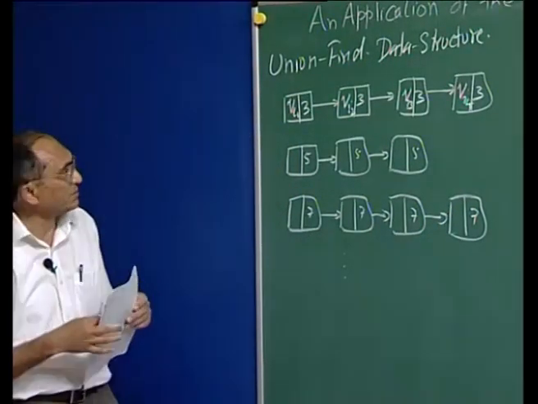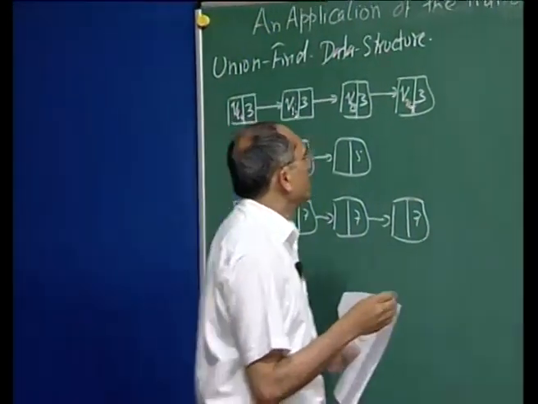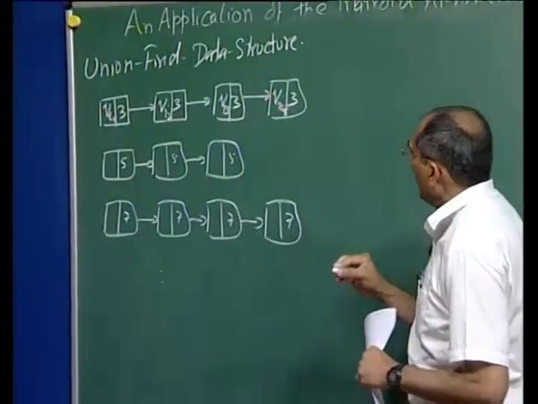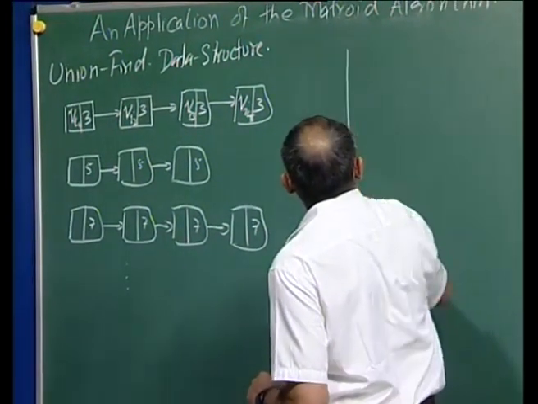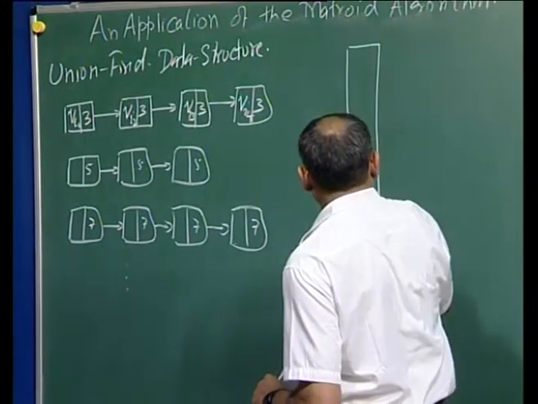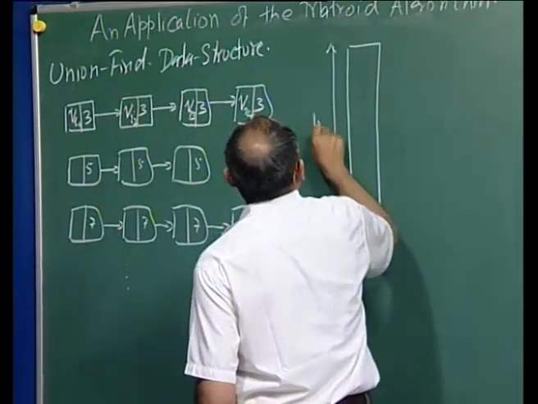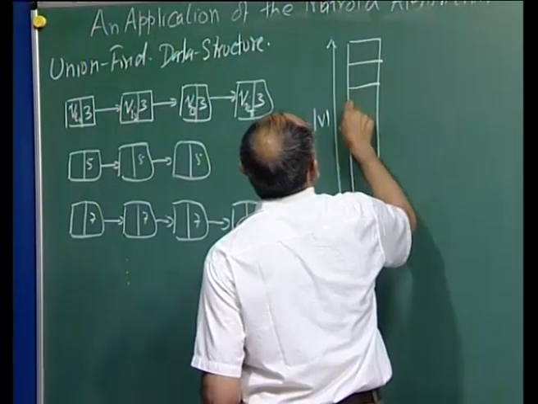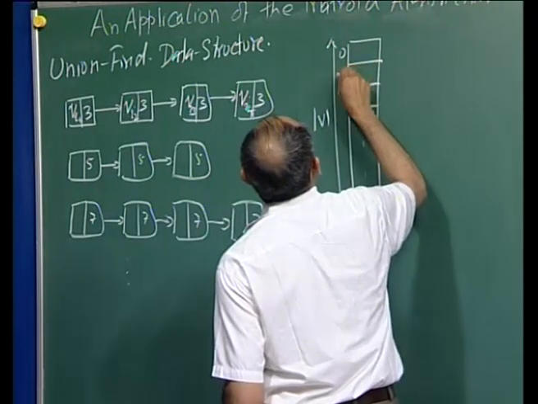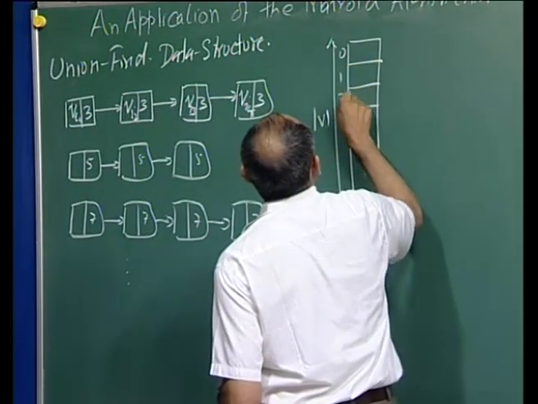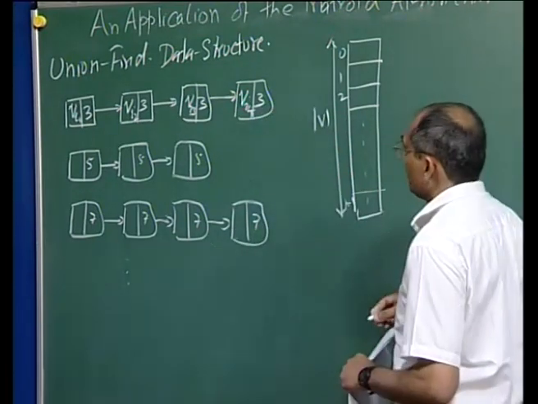So we need some supporting structures. What we will do is, we'll have one array with size mod of V. So this is for vertex 0, this is for vertex 1, vertex 2, and n minus 1.